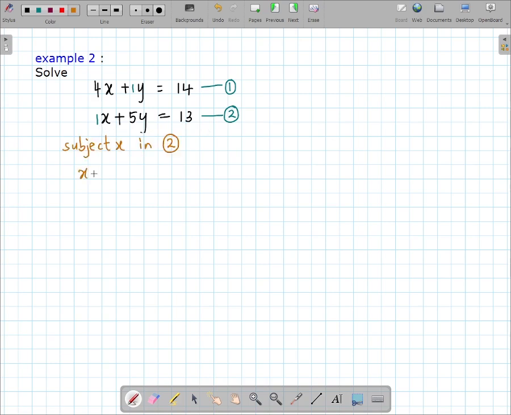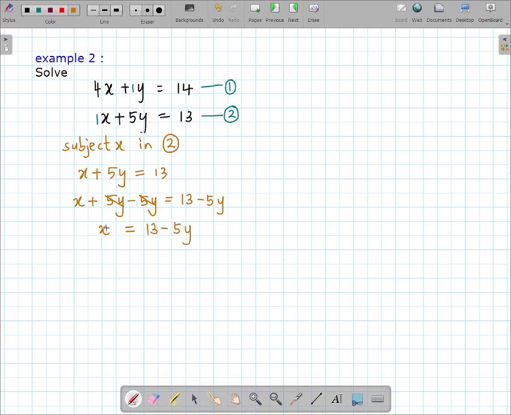So x plus 5y equals 13. We need to remove this 5y, so we have to subtract 5y from both sides. Then 5y and 5y get cancelled. X equals 13 minus 5y.